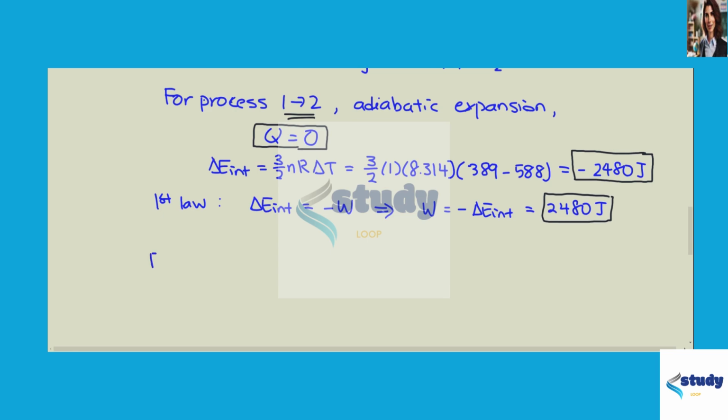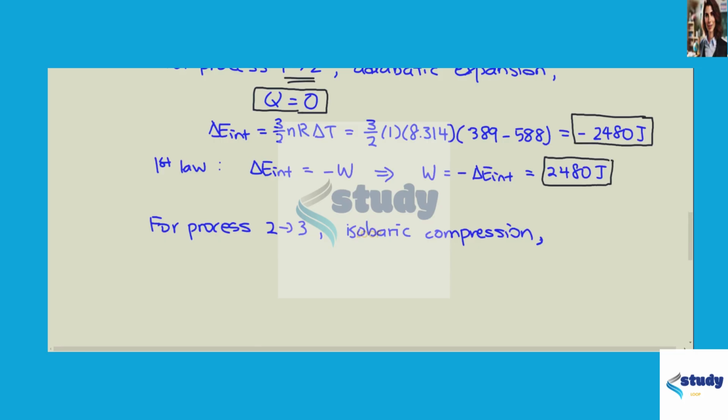Next we have process 2 to 3. We have isobaric compression. This means that you can find delta E internal first, since we have the temperatures.